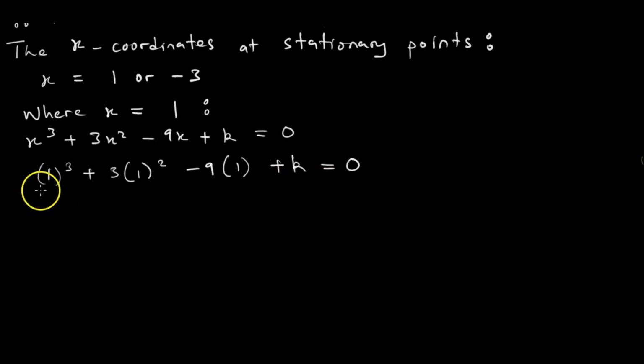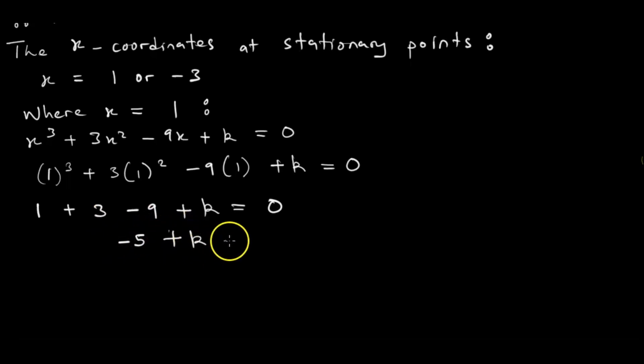So here, let us solve this. 1 to the power 3 is 1, plus 1 squared is 1, 1 times 3 is 3, minus 9 times 1 is minus 9, plus k is equal to 0, like this. Then to find k, we can solve here: 1 plus 3 is 4, 4 minus 9 is minus 5, so minus 5 plus k is equal to 0.